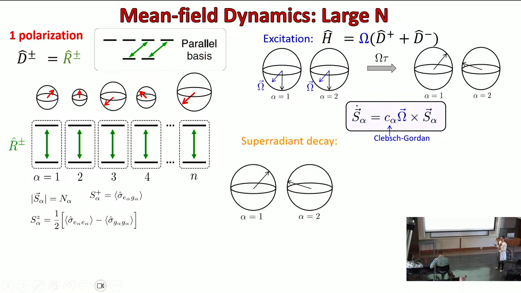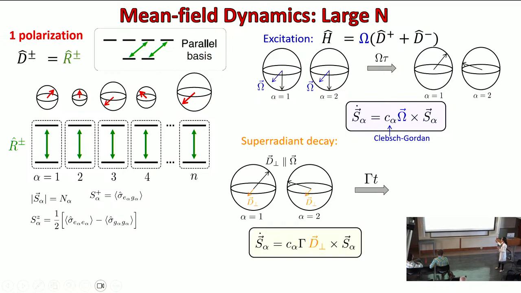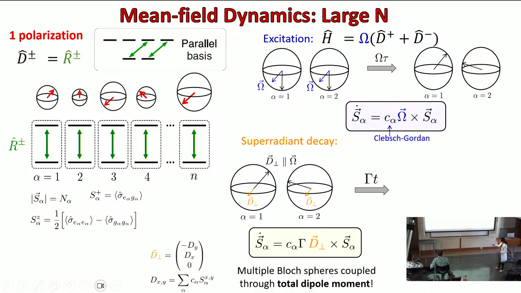Now, the point is that because we understood the two-level system, the multi-level system is exactly the same story: the superradiance decay process in each of the Bloch spheres follows the trajectory of just the drive, because the only difference is that the rotation axis is the collective vector perpendicular to the sum of the single dipole operators in each of the spheres.